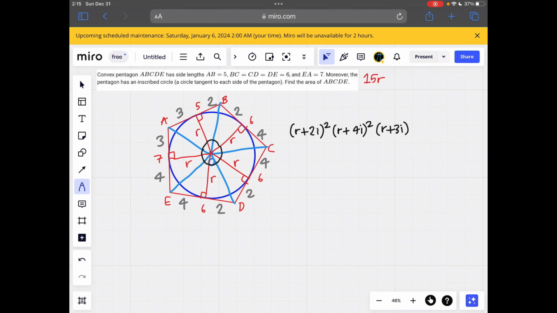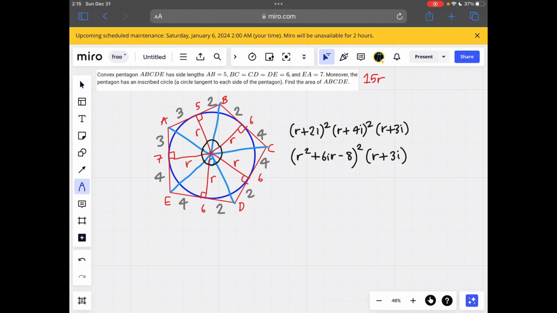So let's expand this product and see what we get. r plus 2i times r plus 4i is r squared plus 6ir minus 8. We square that and then multiply it by r plus 3i. Now remember, if we want to square a plus b plus c, it's just a squared plus b squared plus c squared plus 2ab plus 2bc plus 2ca.